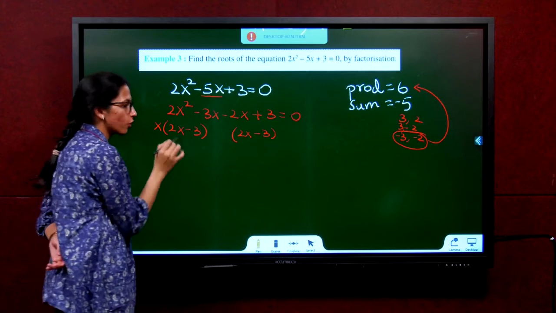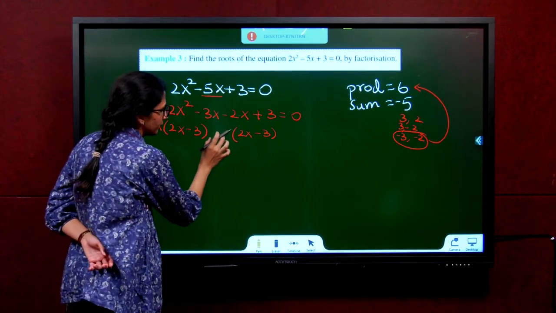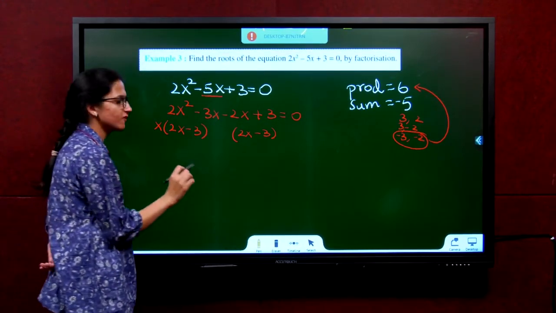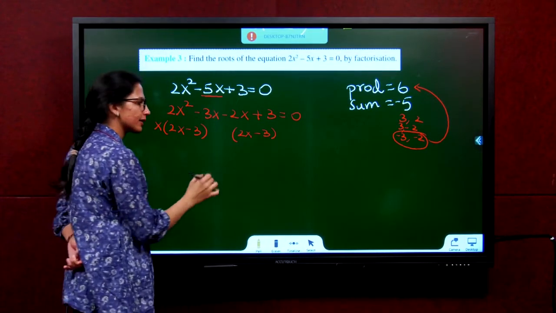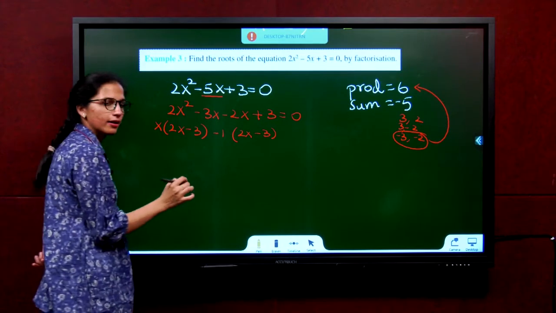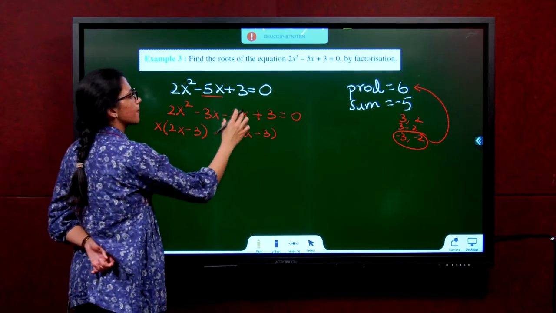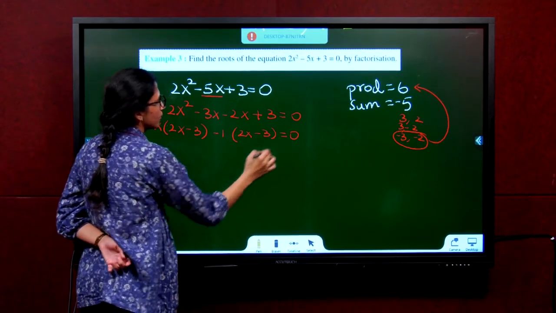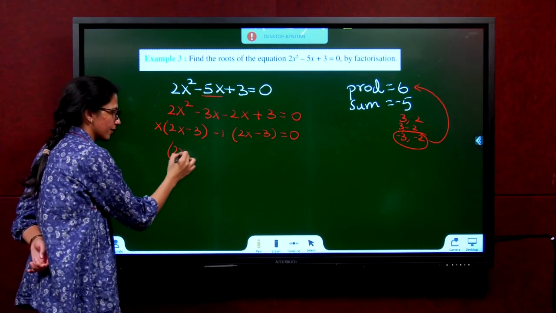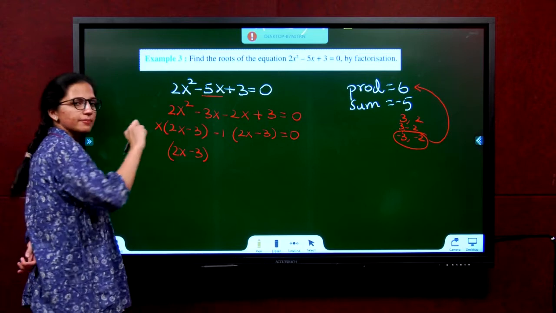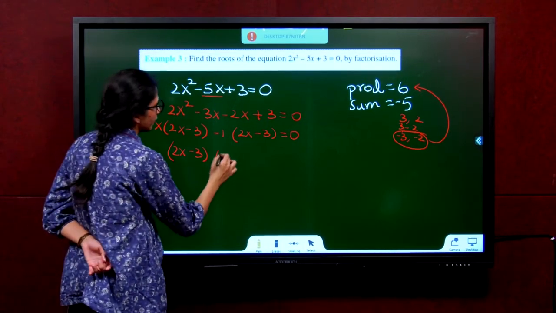There should be a number here such that this condition is satisfied. So what into 2x is minus 2x? Minus 1. Minus 1 into 2x is minus 2x. Take 2x minus 3 outside. I have removed 2x minus 3 from the first term. Left with x.